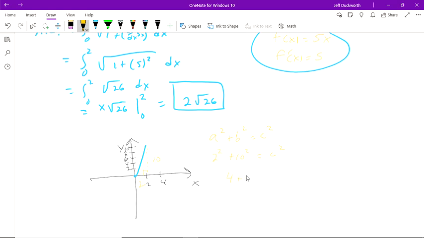This is 4 plus 100. And so this is going to be c squared equals 104, which means c equals root 104, or more specifically, we can divide this by 4 and we get 26, right? 4 times 25 is 100, so this equals 2 root 26.